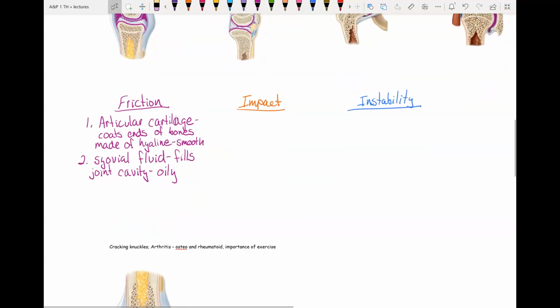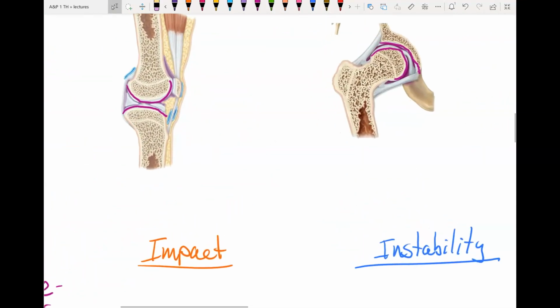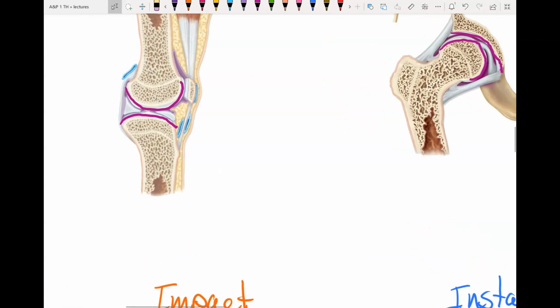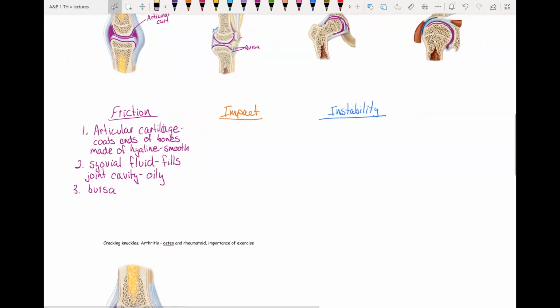Then a third thing you have to deal with friction is bursa. These are a side view of the bursa, but all of these blue things here, and here, these are bursa. Bursa are found in points in a joint that have particularly high friction, and a bursa is a sac of synovial fluid.